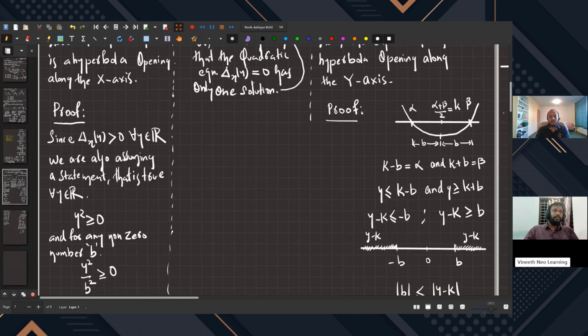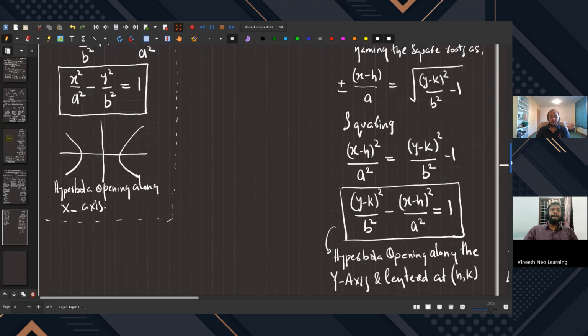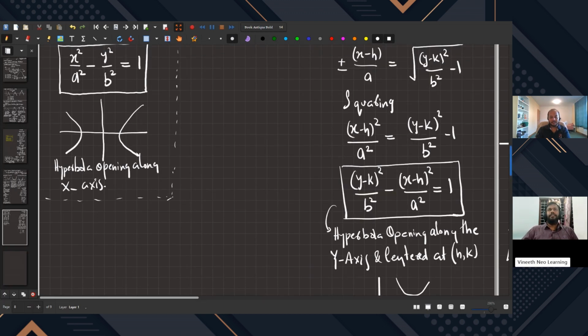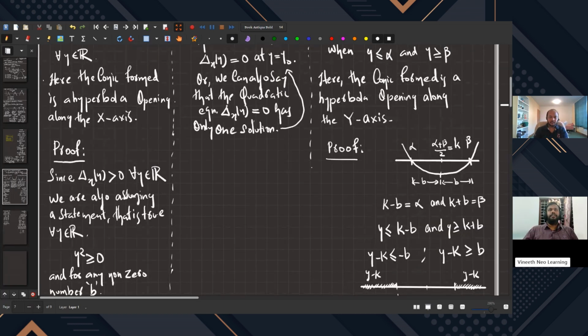So are we calling h, k the center itself? Is there any other name for it? Focus has another relation. Okay, let me put this also in a box.